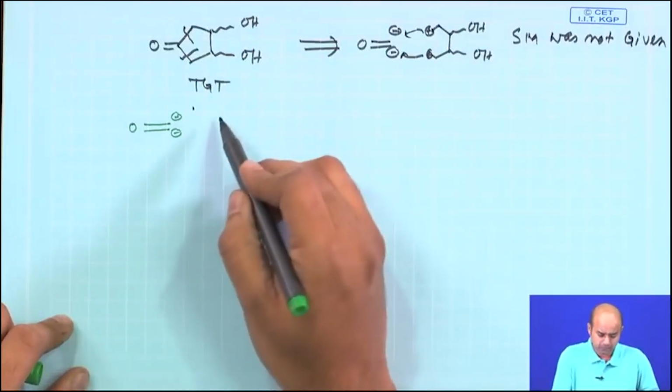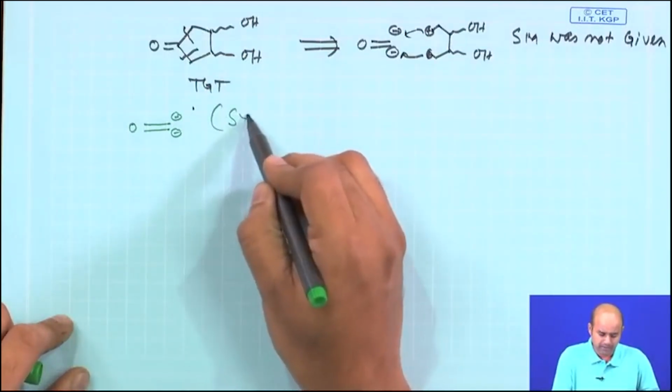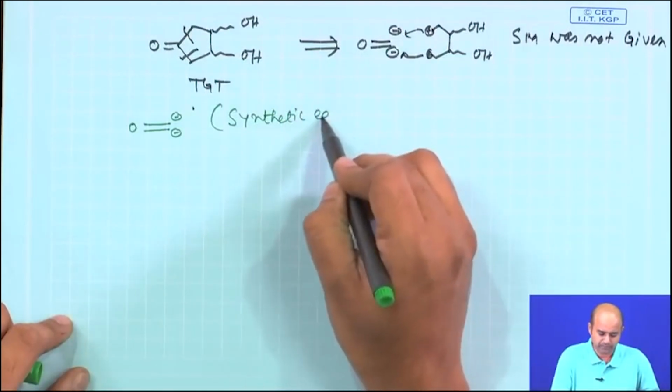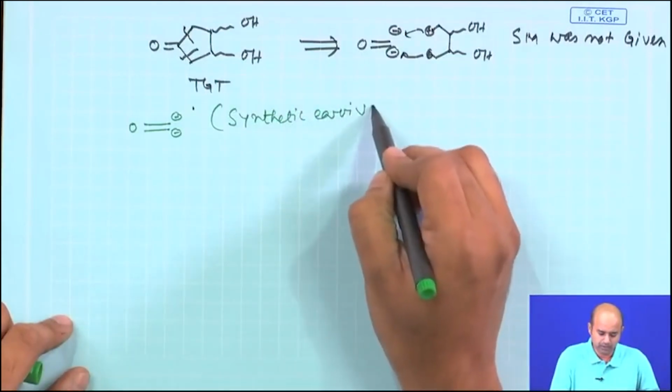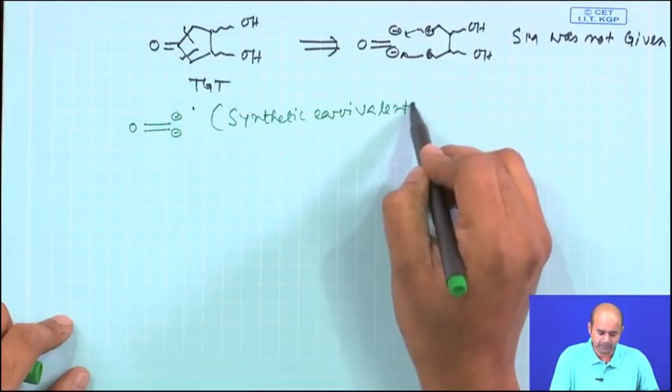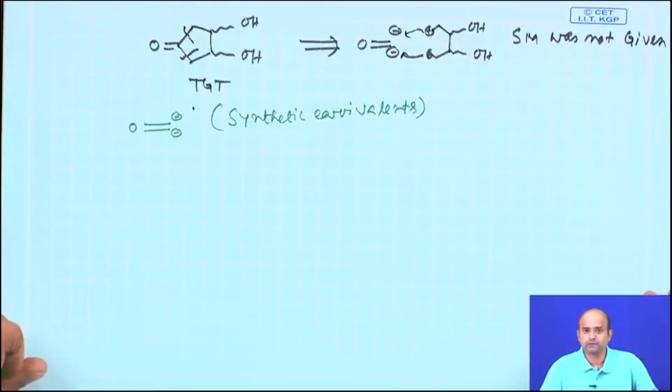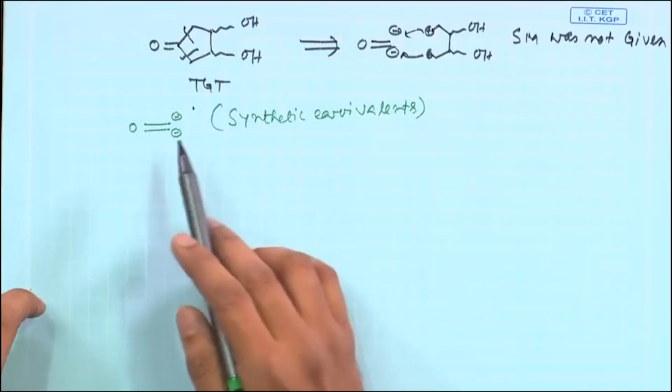This species we will cover in detail when we talk about synthetic equivalents. Synthetic equivalents are basically charged species, imaginary species, which in reality may not exist, but you have to think about those species where the charge has been given.